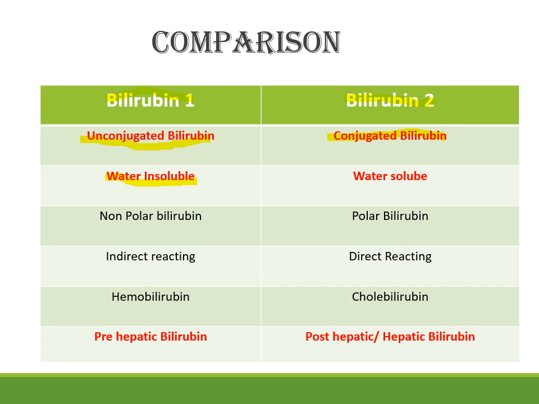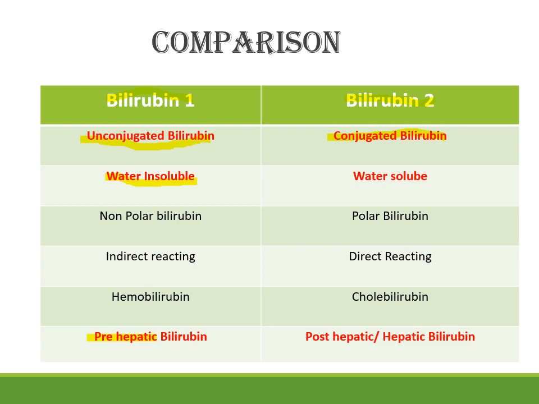Then your bilirubin 1 will increase during prehepatic disorders. When you talk about prehepatic, from the word pre, which means before, these are the conditions or diseases that happen before the liver.